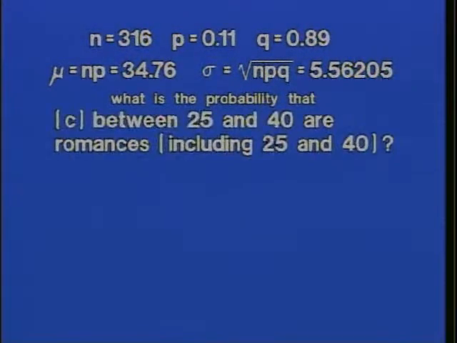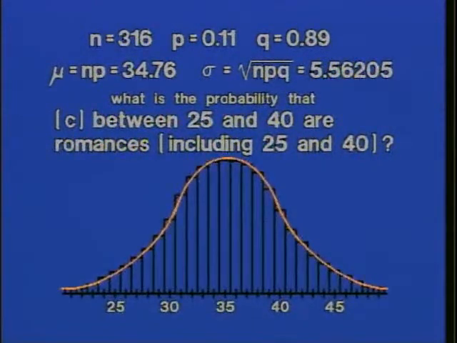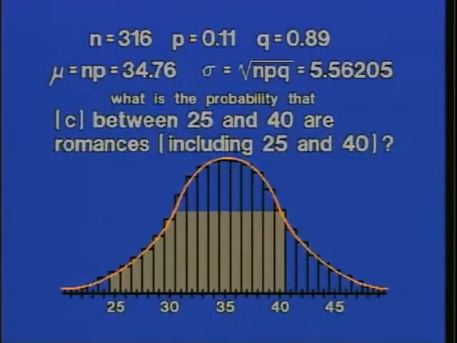Now let's calculate the probability that between 25 and 40 are romances, including 25 and 40. Well, here is the probability associated with exactly 25. Here's the probability associated with exactly 40. And we want to add all of these probabilities between those two.